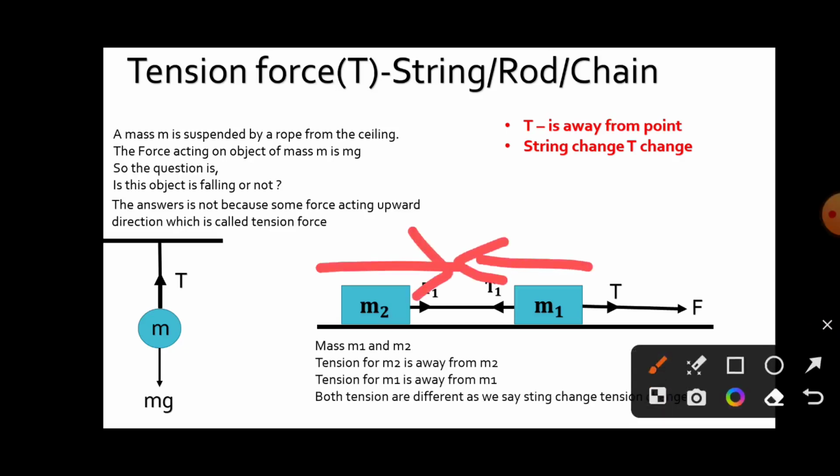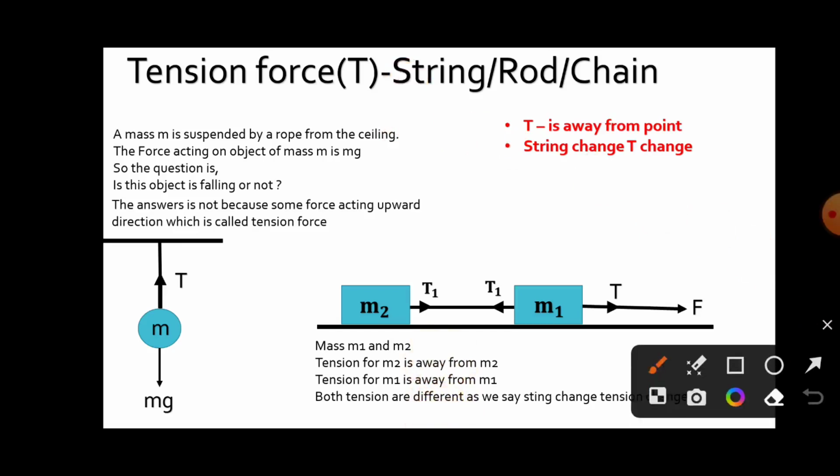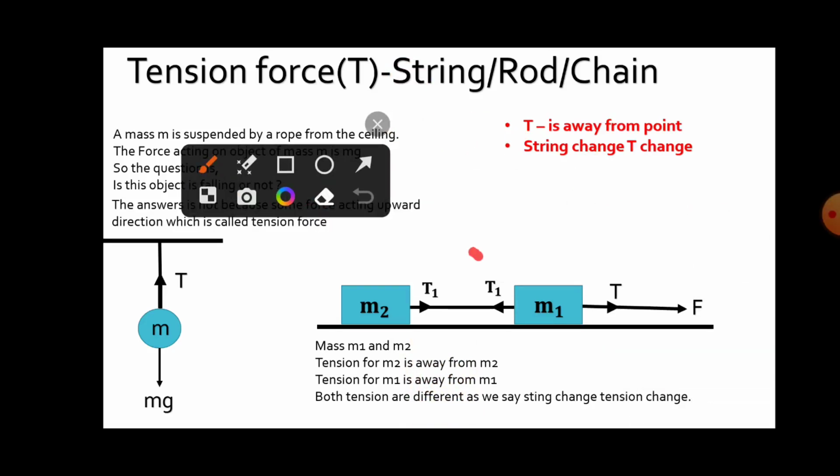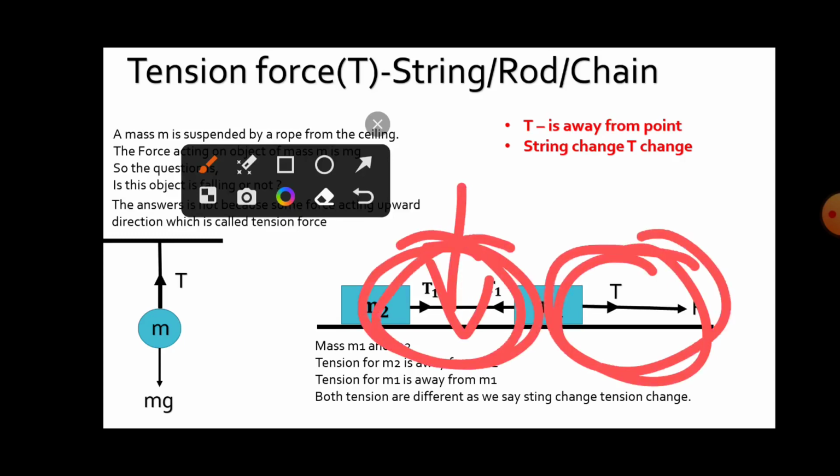As we see, both tensions are different. As we say, if the string changes, the tension changes. For the same string the tension is the same, and if we change the string the tension must change.